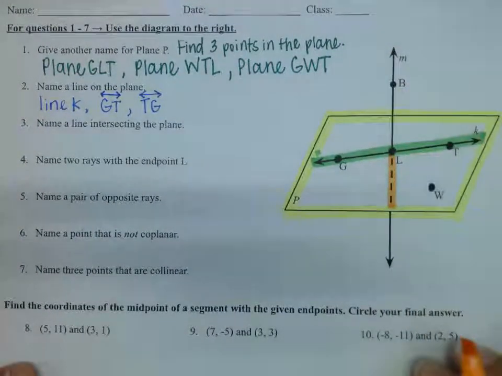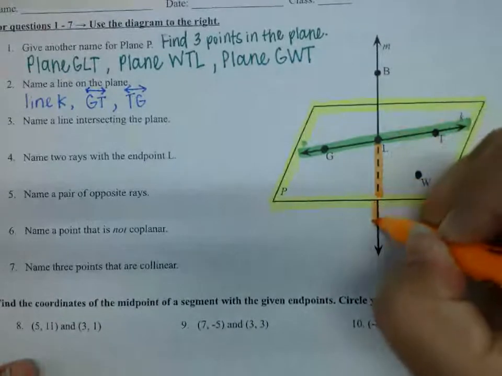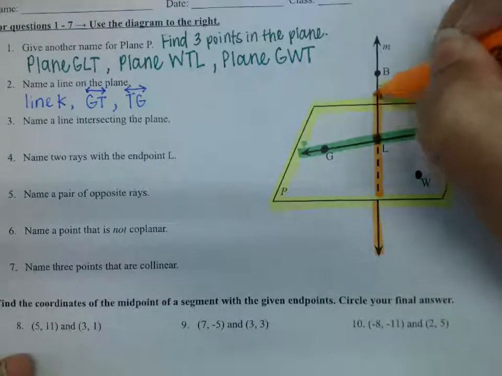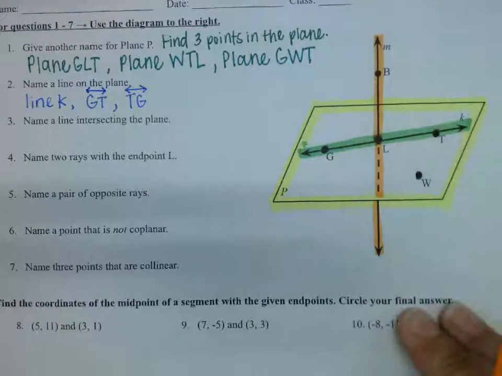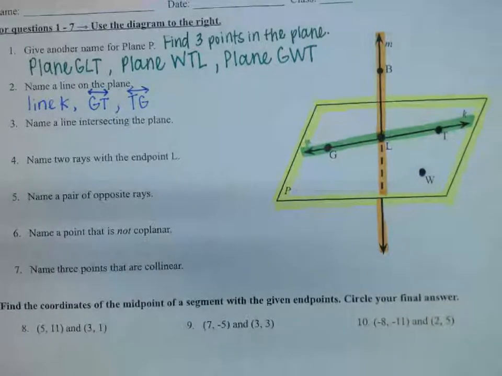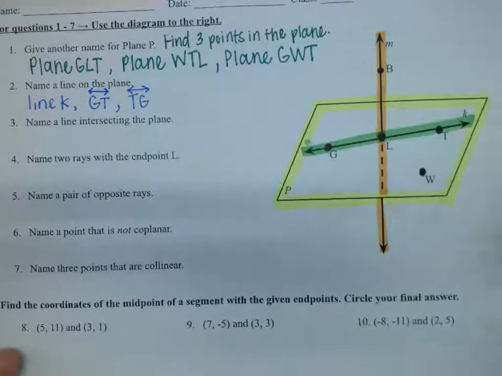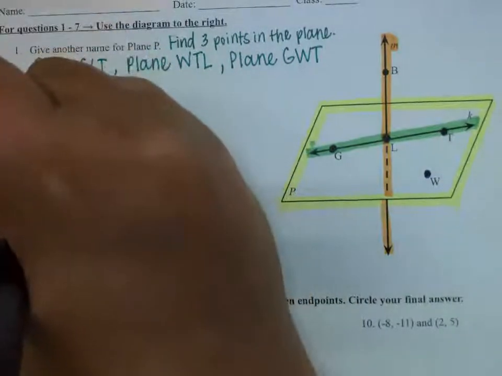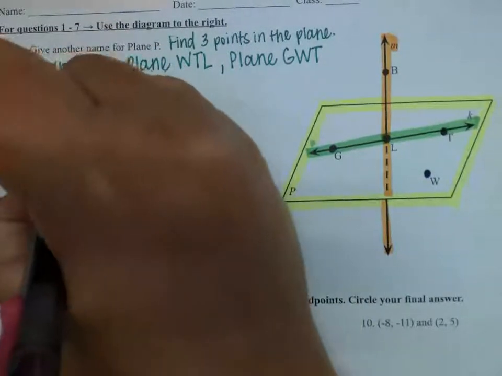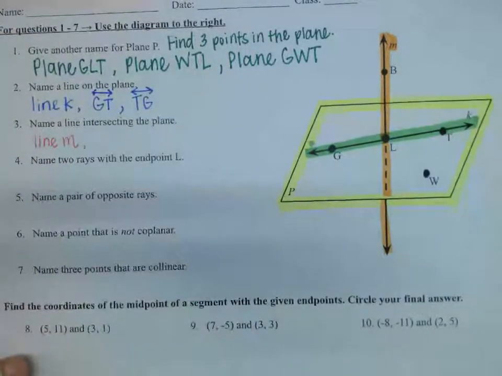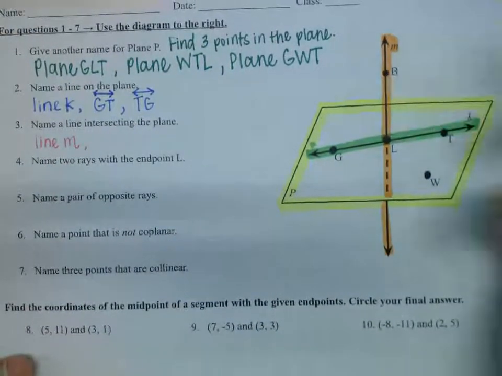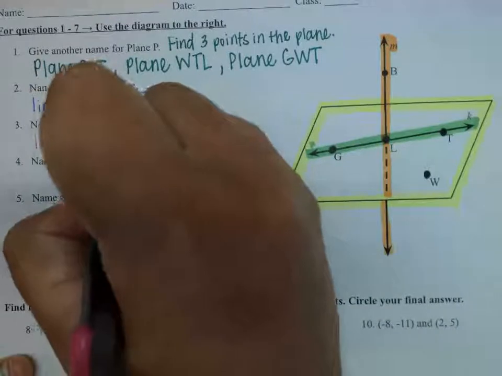So line M, so this little M represents that one. So you would write line M is one answer, or line BL. So from B to L with a line on top, or you can call it LB with a line on top. Make sure it has arrows.